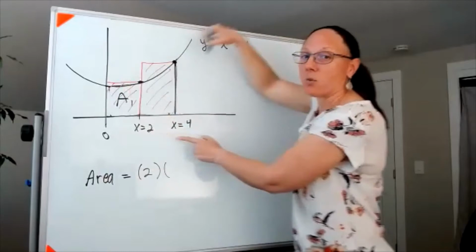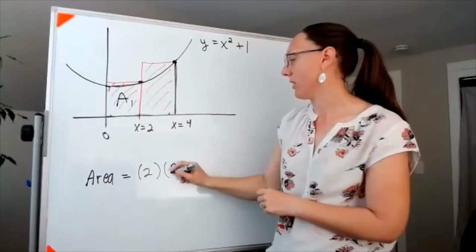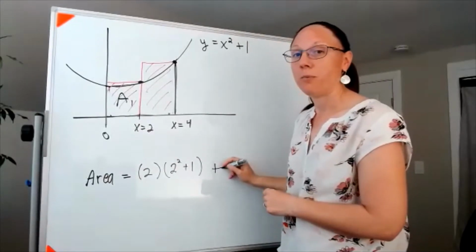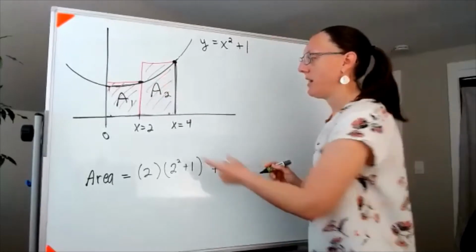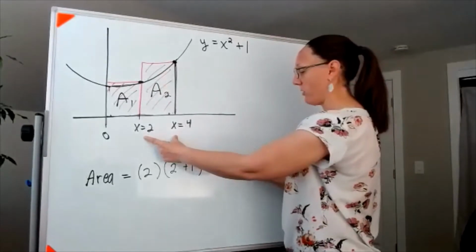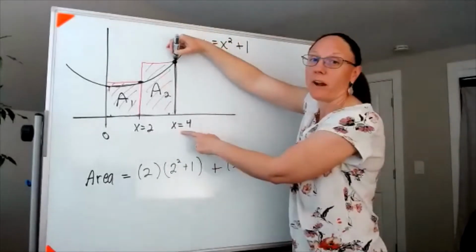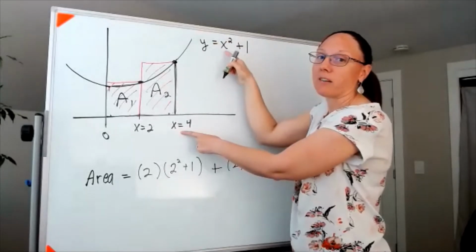So when I take that x equals 2 and plug it into the formula, the height of that first rectangle would look like 2 squared plus 1. Then I would take the area of that second rectangle. My base is also 2. And to get my height, I'm going to use the x value on the right-hand side of that rectangle. So I'm going to end up with 4 squared plus 1.